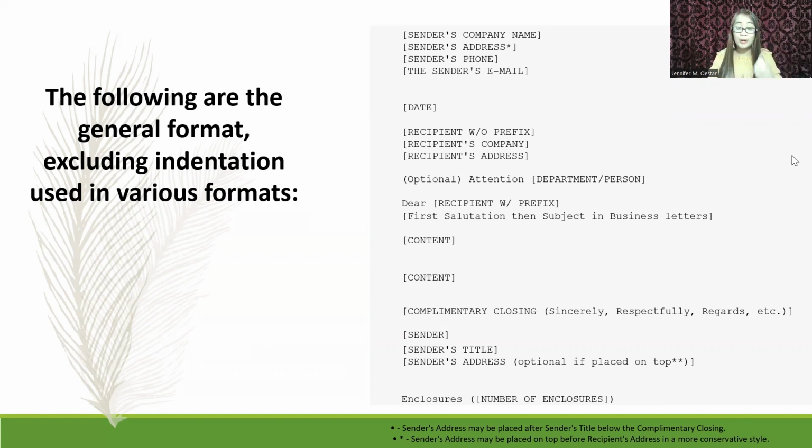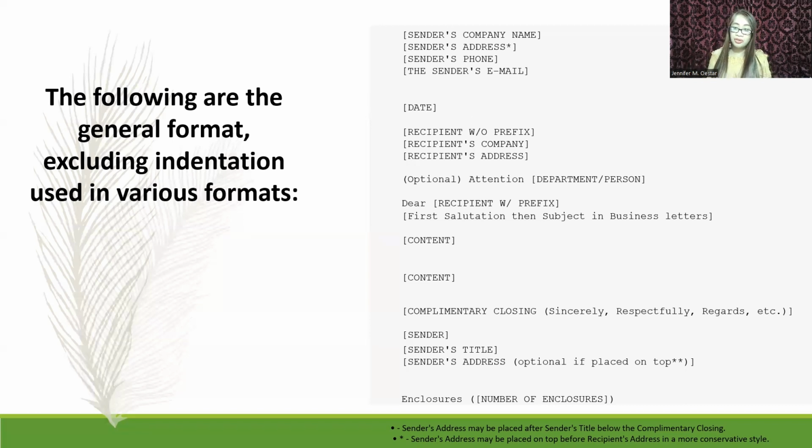It's already answered by this format. Then we also include the sender's phone number as well as the sender's email. We also have the date when the letter was written, and please include the recipient's company and the recipient's address. There is an optional part wherein you can put attention to a certain person designated for a task, or the one that could directly be involved in the purpose of your letter.